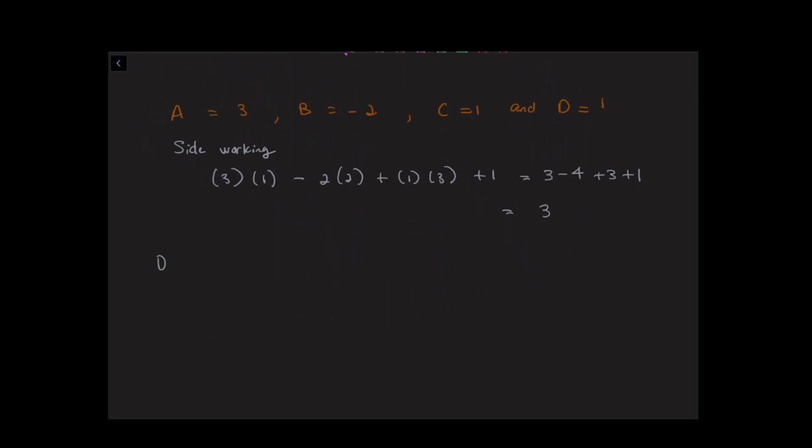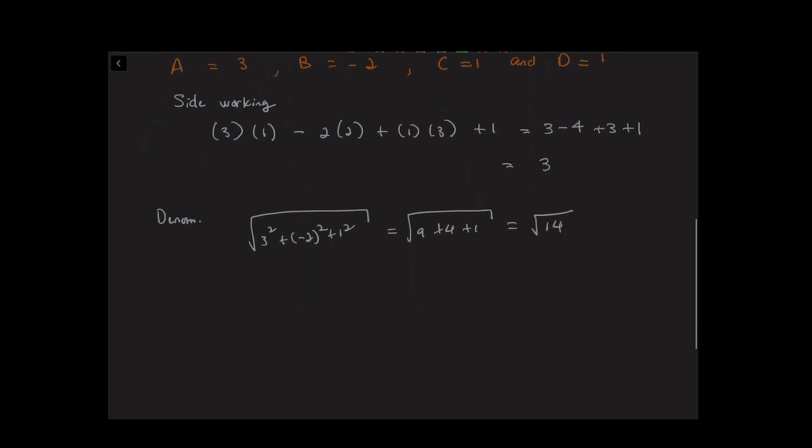Now for the denominator, we have a squared plus b squared plus c squared. So 3 squared plus -2 squared plus 1 squared. That gives me 9 plus 4 plus 1, which is 14. So put that into our formula now for distance d.